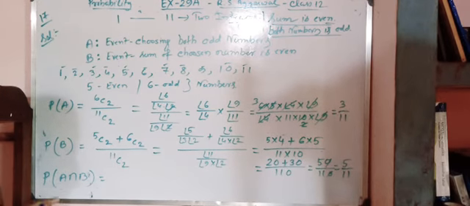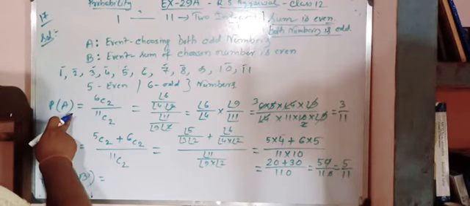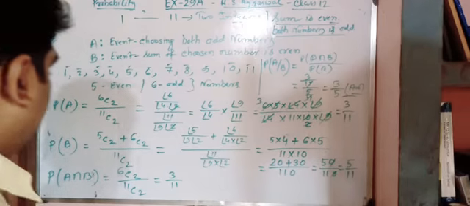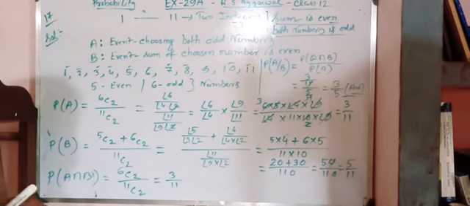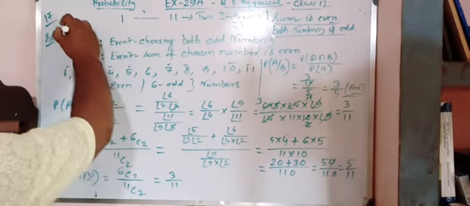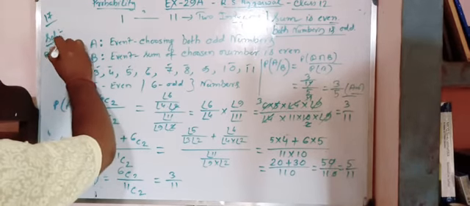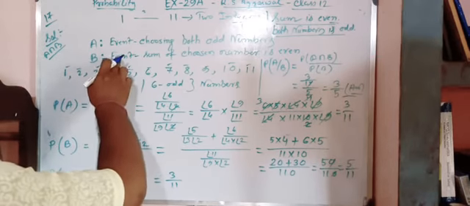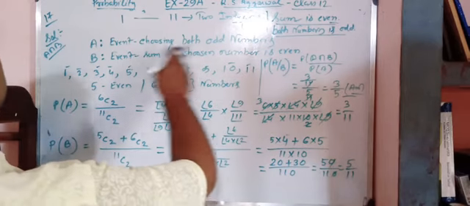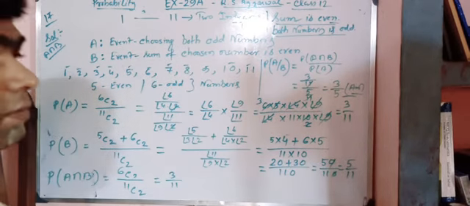So probability of A intersection B is equal to probability of A. Understood? If we consider the events, A intersection B is the event that the sum of chosen numbers is even and both numbers chosen are odd.